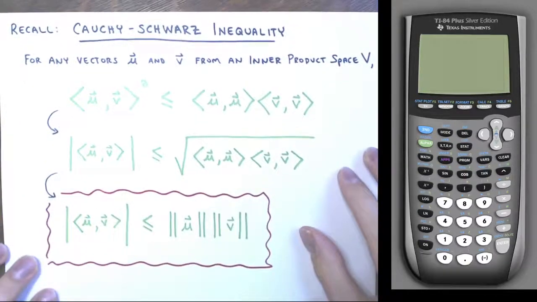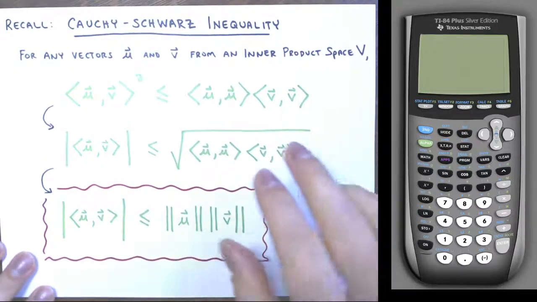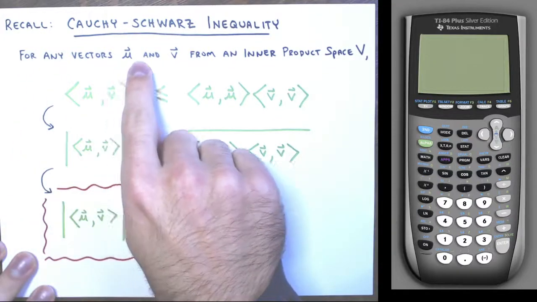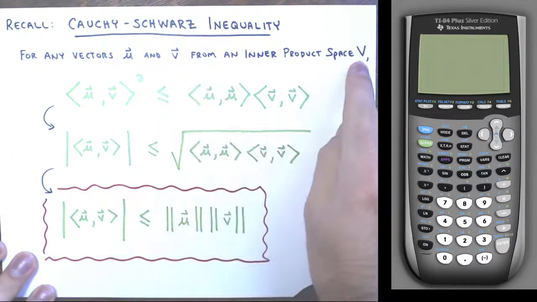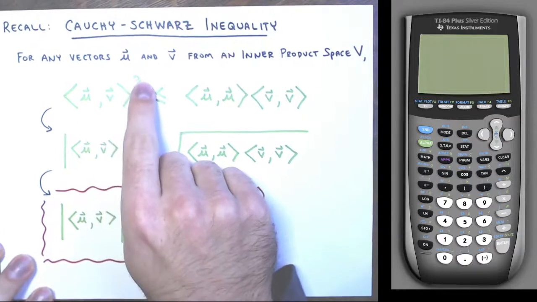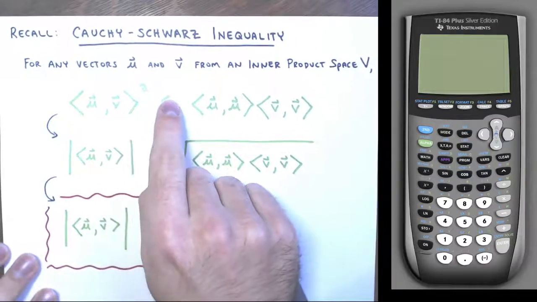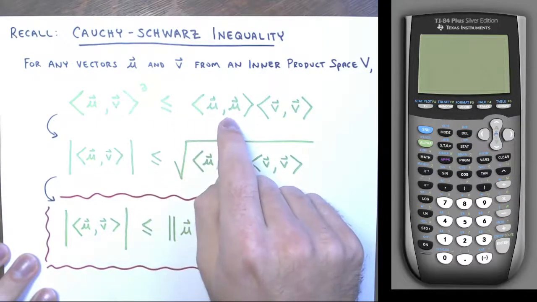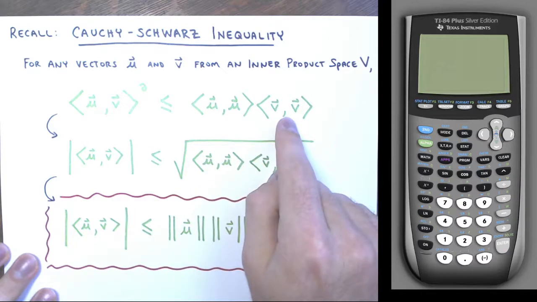So remember, the Cauchy-Schwarz inequality stated the following. For any vectors u and v from an inner product space V, the inner product of u and v squared will always be less than or equal to the inner product of u with itself times the inner product of v with itself.